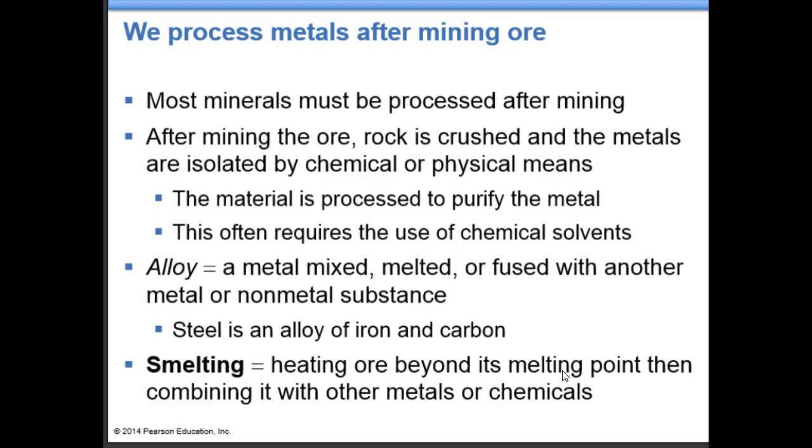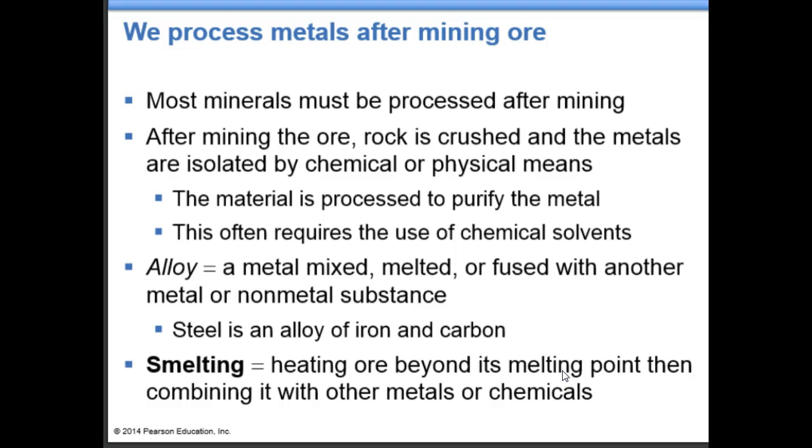An alloy, you might have heard of alloys before, is a metal that's mixed and melted. It's fused with another metal or non-metal substance, so it's a combination of things. For iron, the alloying element is carbon. When you melt your minerals, this is referred to as smelting.